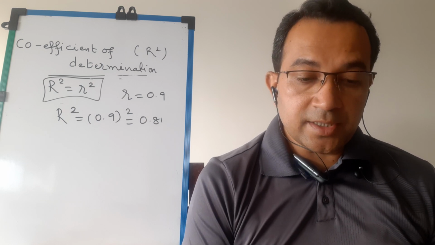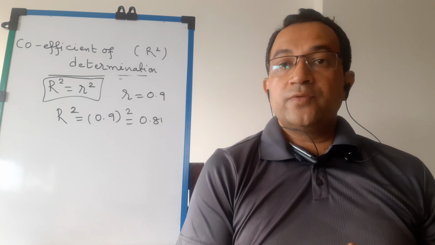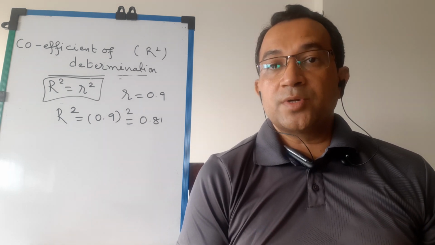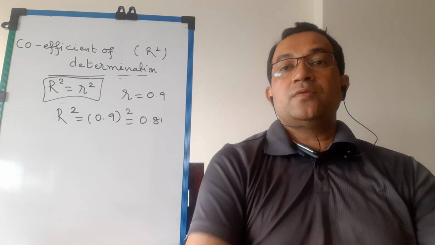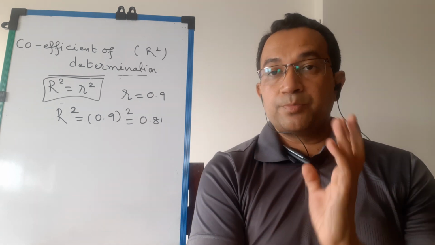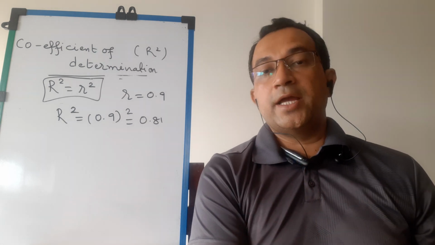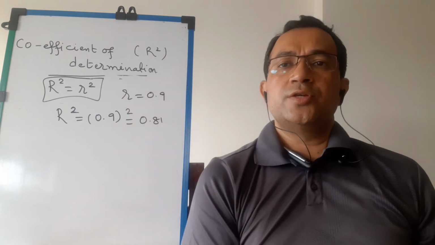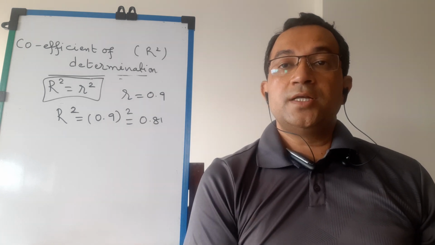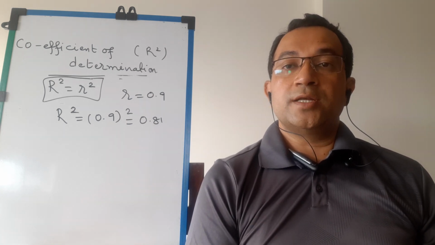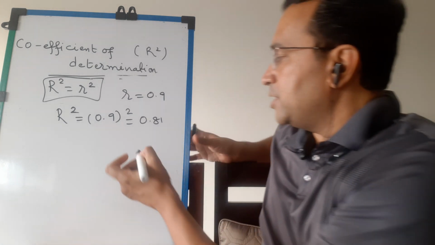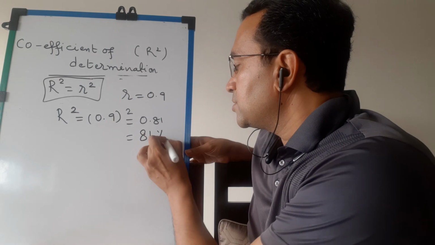So it can be said that out of total variation of variable y, explanation of 81% of variation can be obtained from regression line. Students, pay attention. Suppose correlation coefficient R is 0.9. So coefficient of determination will be square of 0.9, which is 0.81, or 81%.